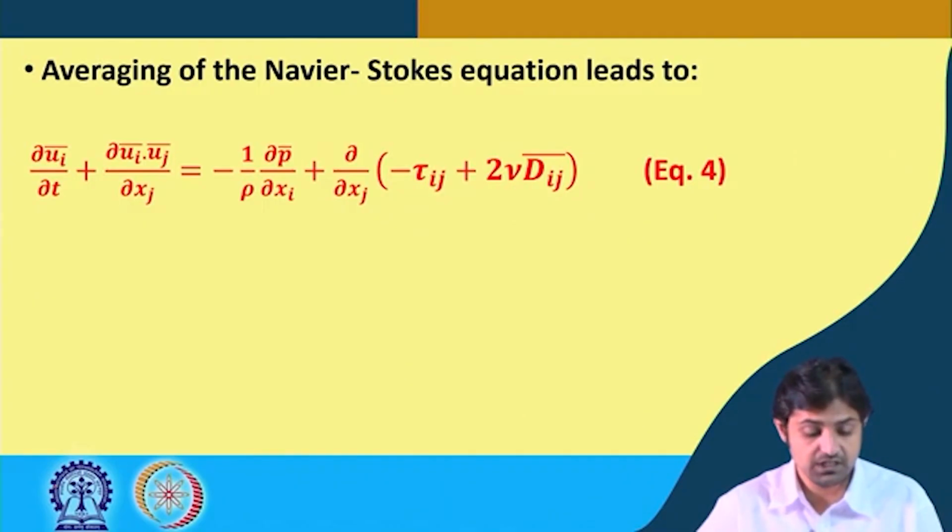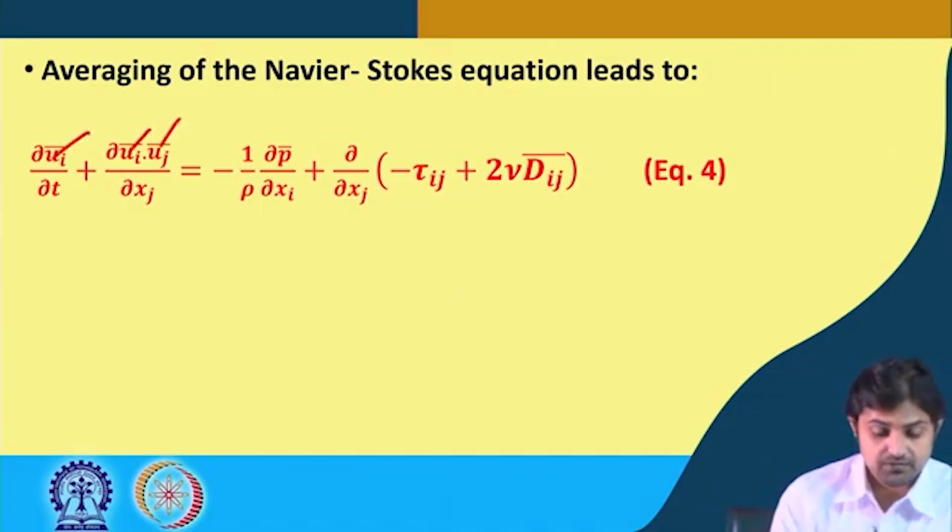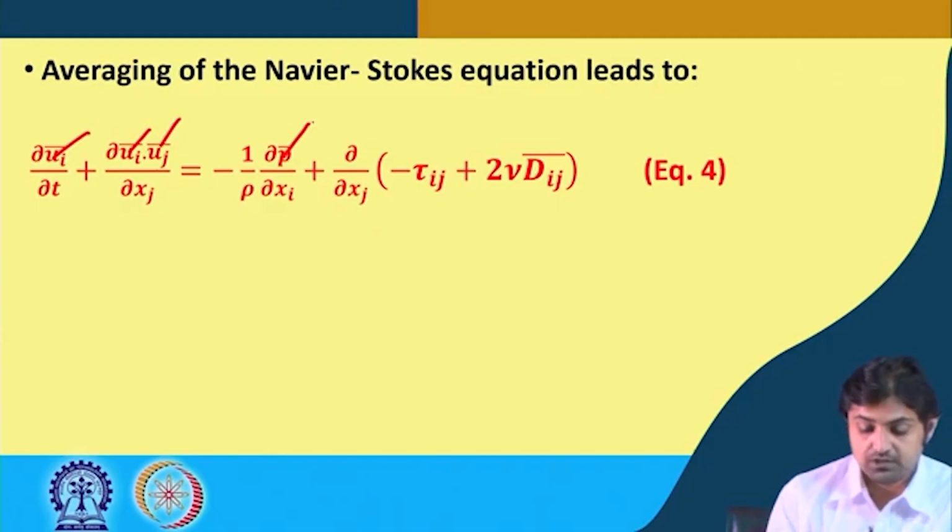So if you see, this is an average term, this is an average term, this is an average term, this is also an average term, and this is also an average term, right?